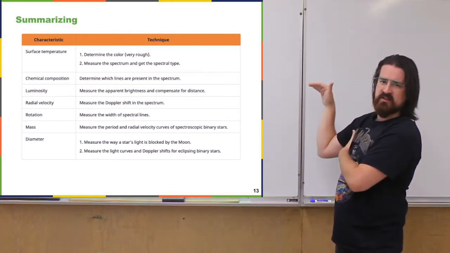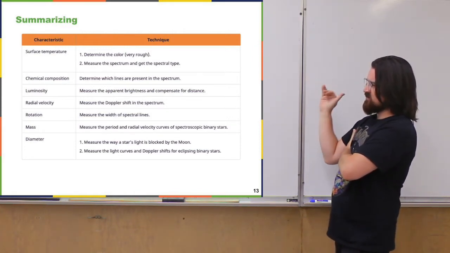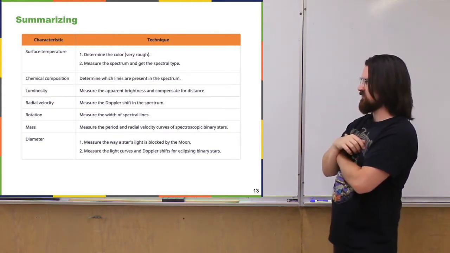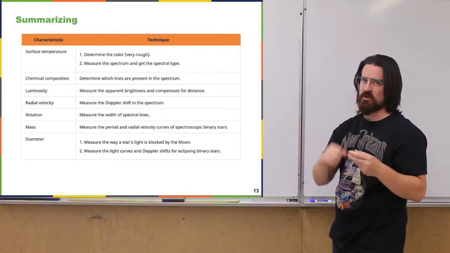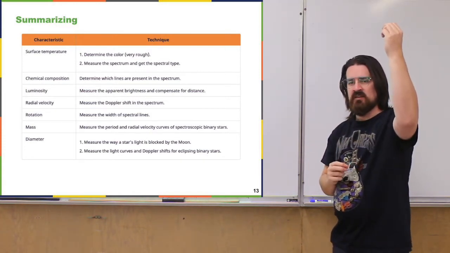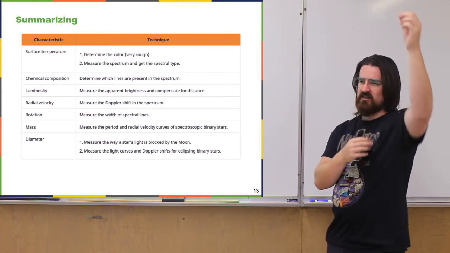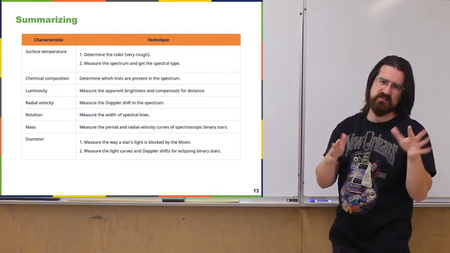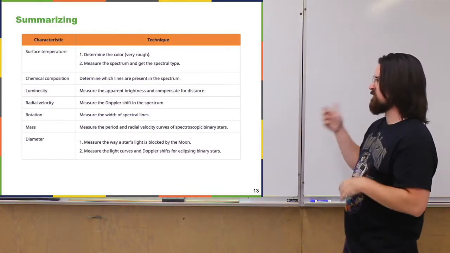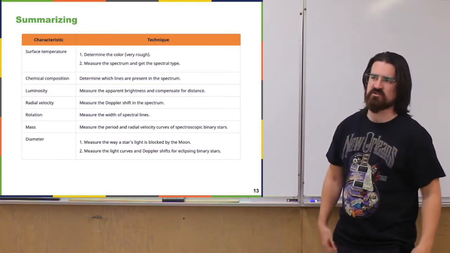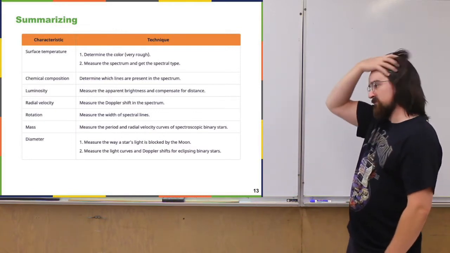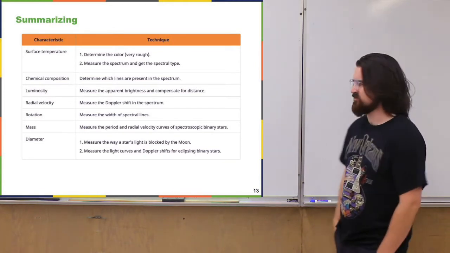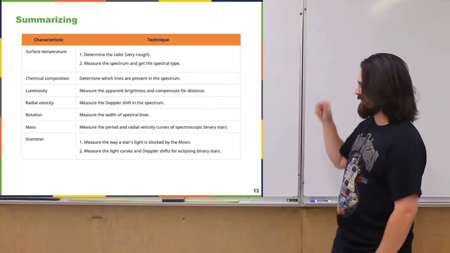We haven't really talked about how we measure the luminosity, because that depends on the distance that stars are away from us. It's not that much of a stretch: if I know how bright the object looks to me, and I also know the distance it is away, then it's really straightforward to say how luminous that star actually is. There can be complications, but for the most part, apparent brightness and distance together tell us the luminosity of a star. We haven't really talked about finding distance yet, so we're just assuming that we know the luminosity of these stars.